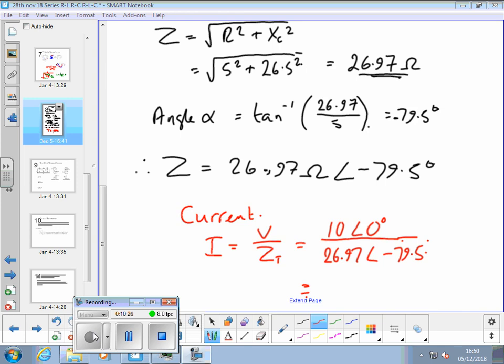I got 0.37 at an angle plus 79.5 degrees.